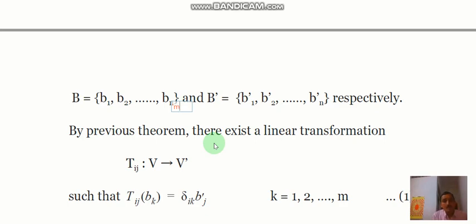So as the vector space V is m dimensional, these are the m vectors, and V' is n dimensional, therefore there are n elements in the basis.